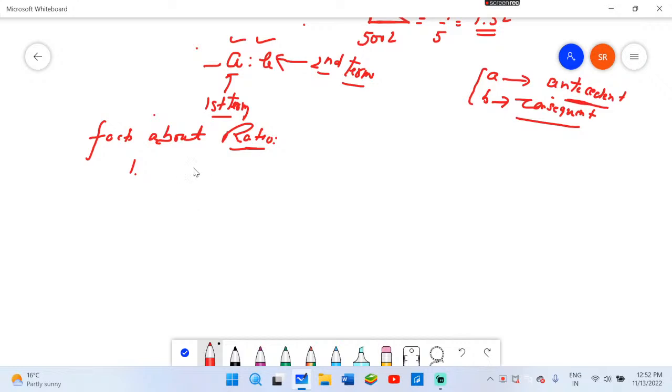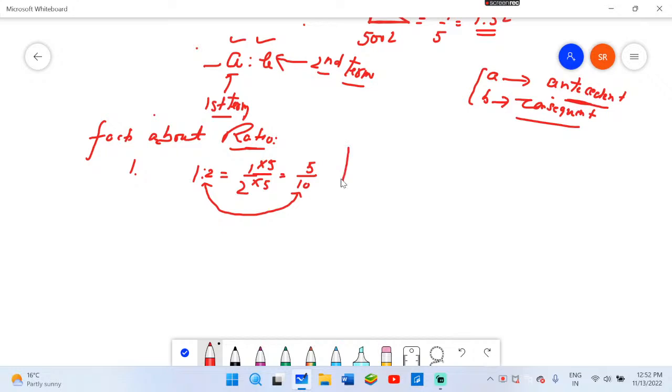Let us write ratio 1 is to 2. This means 1 by 2. If I wish, I can multiply top and bottom number by 5. 5 upon 10. These two have same meaning. 1 is to 2 or 5 is to 10.